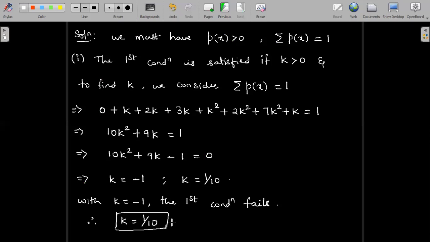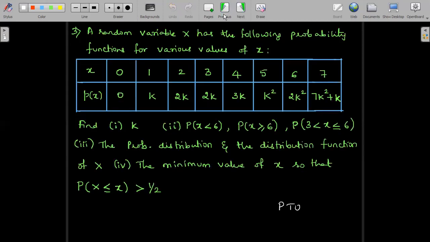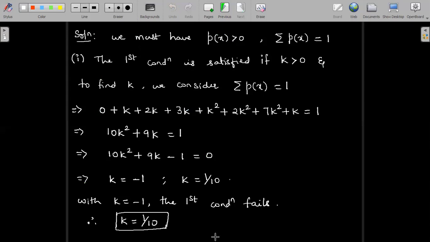So with this value of k, we rewrite the discrete probability distribution table. The table was given in the question, no? The same table with this value of k. We will rewrite it. So k value is 1 by 10, or it can be considered as 0.1 also. In decimal also we can do. So this problem, I work it out in decimal and show it to you. It need not be fraction itself. In decimals also we can work out the problem.